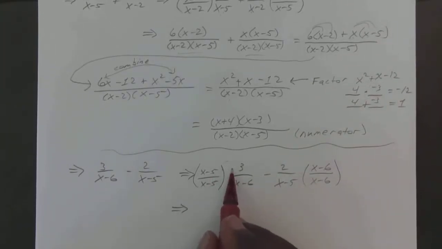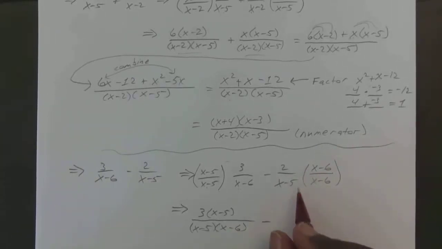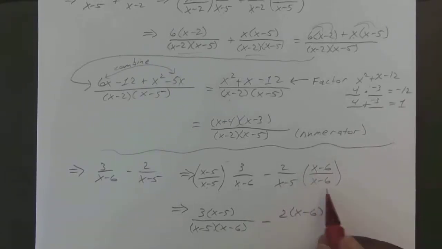So we have 3 times x minus 5 over x minus 5 times x minus 6, minus 2 times x minus 6 over x minus 5 times x minus 6.